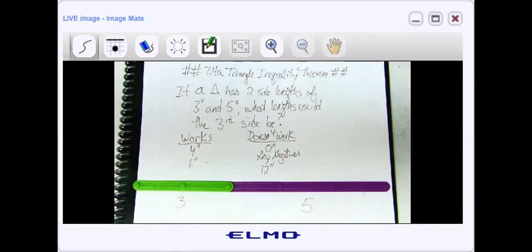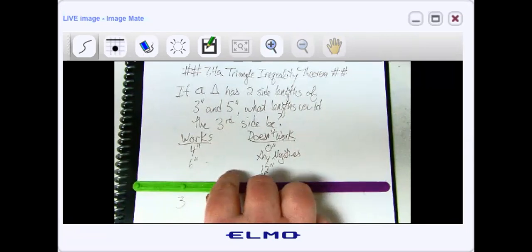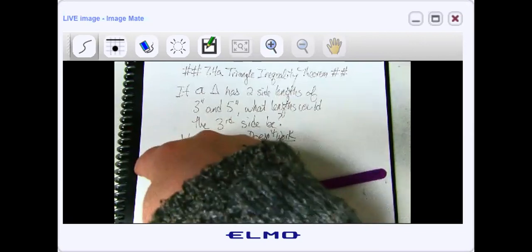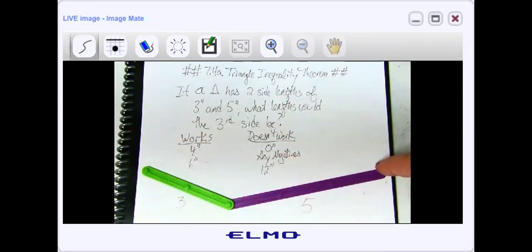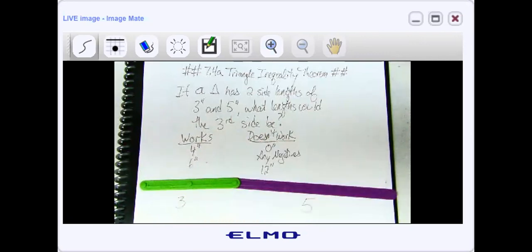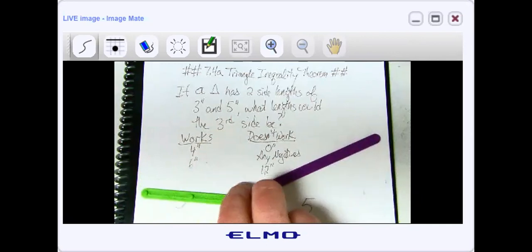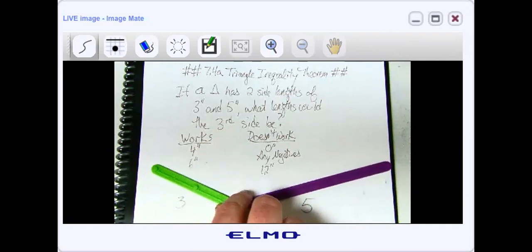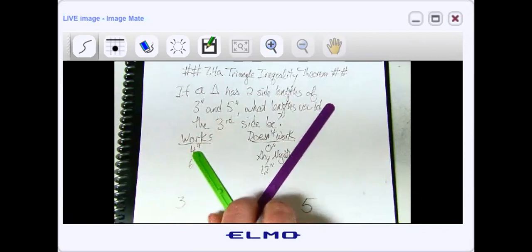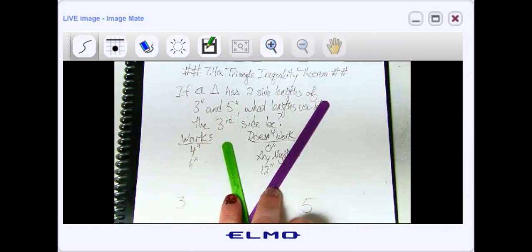I need a triangle. So that means if I'm going to pivot this in, now this is going to be something a little bit less than 8, right? Because perfectly flat is 8. So if I sort of bend it up a little bit, now it's starting to get a little bit smaller, a little bit smaller, smaller, smaller still.